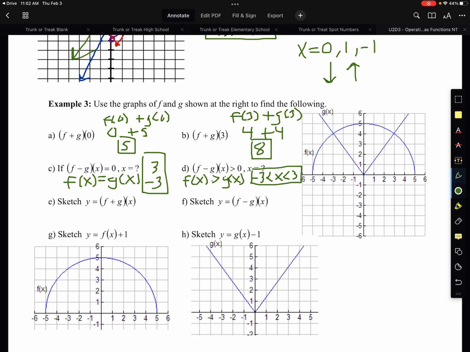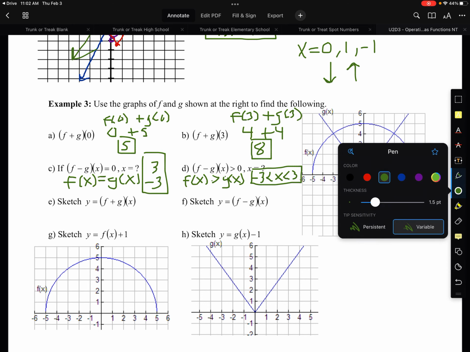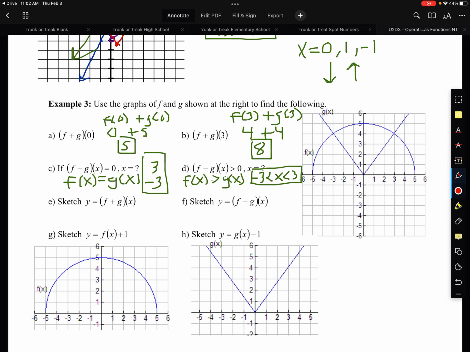All right, sketch time. For our sketch, it's important to know some of the values we have, so we want to combine these together. I can start in the middle here.